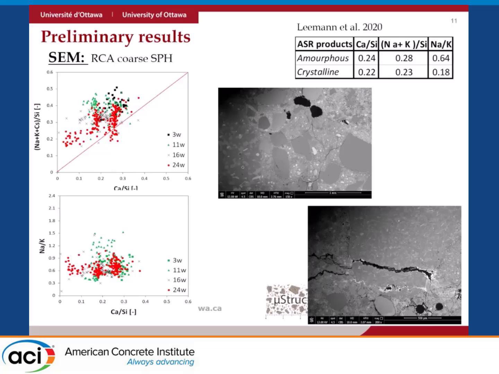What we are trying to do next is to check whether the composition of gel within the aggregates in a recycled medium would be different from the composition of the gel in the old cement paste and the new cement paste of a recycled medium as well. Let's see if we are going to be able to do that in the future, but more or less we couldn't see so far a trend that would differentiate the chemical composition of the materials as a function of time.